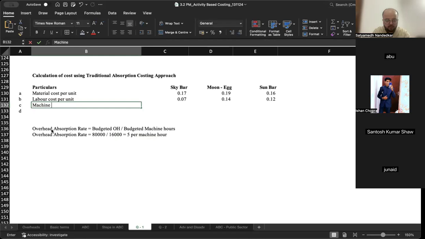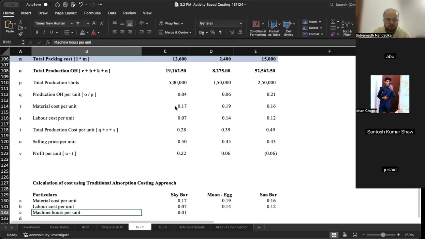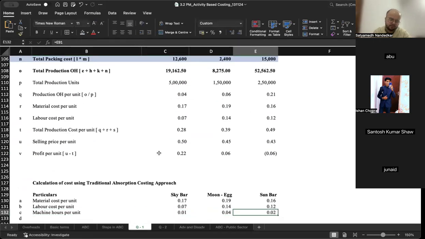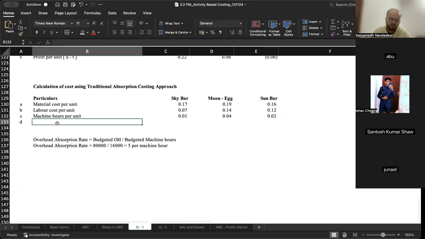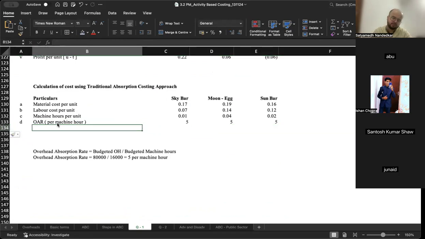Now let's write down machine hours per unit. Do we have machine hours per unit? Yes, we do. And we also have an OAR, that is overhead absorption rate per machine hour. कितना है? 5. Now, overhead per unit.